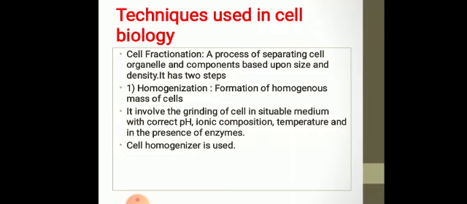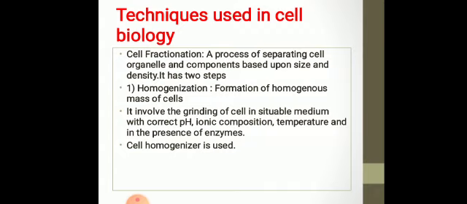So definitely for separating, I will take out different organelles from the cell and put those organelles separately based upon their size and density. But we will definitely apply a proper technique, a proper method, and obviously with a proper procedure and the use of instruments, I will be able to take out different organelles, or we can say components of the cell.